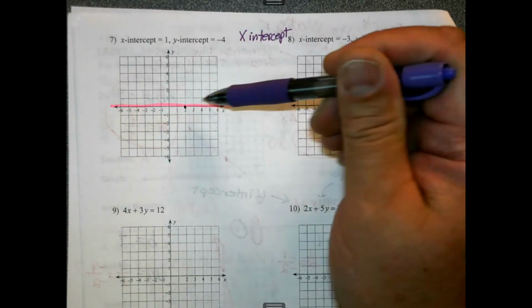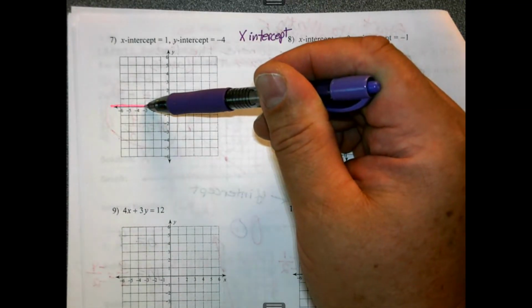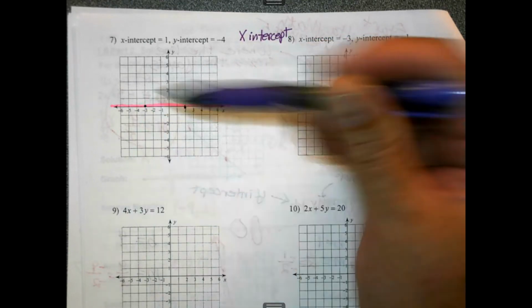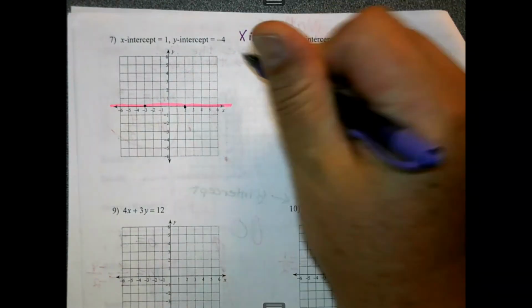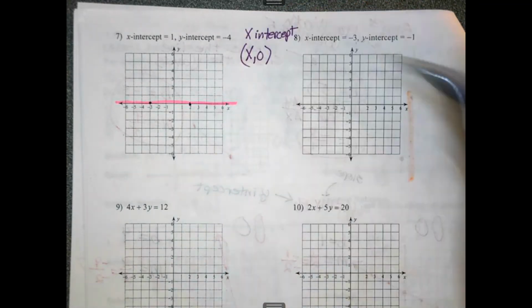What's going to be the coordinates of this point? Comma, 0. So what's always 0? The y coordinate, right? So no matter what the x is, the y coordinate is going to be 0.